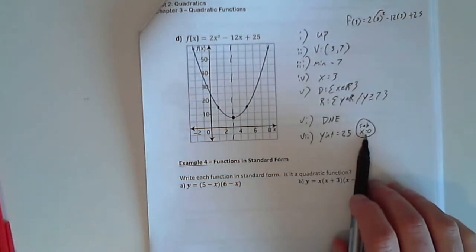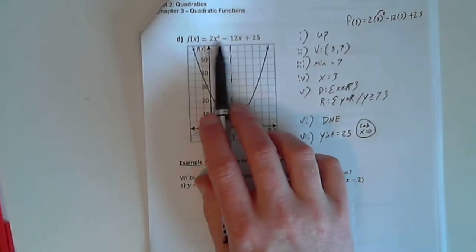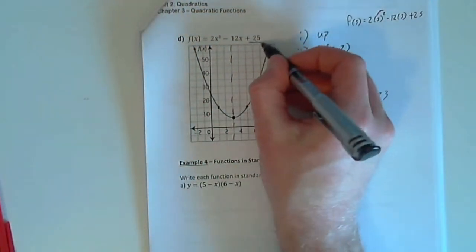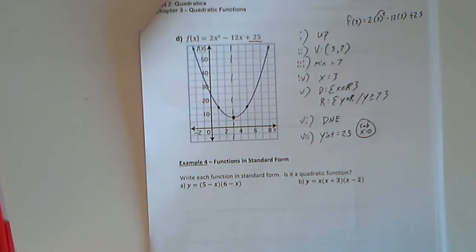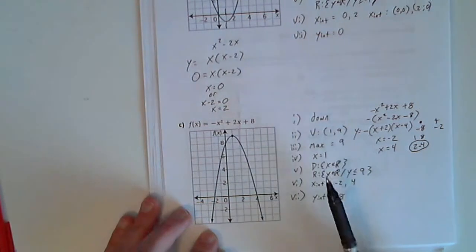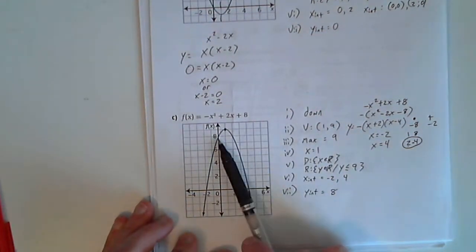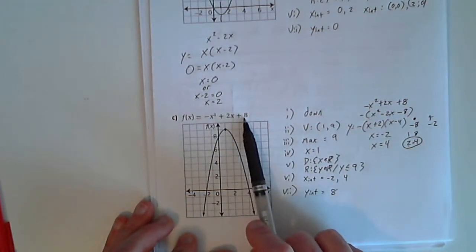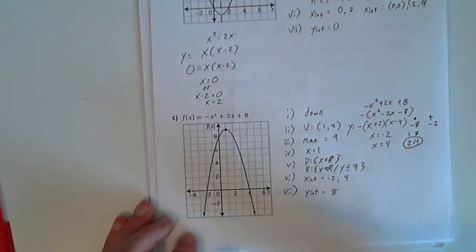If you sub in x equals 0, of course it has to be whatever your constant is at the back, right? That should always be the case with your y-intercepts. They're the nice ones. Same with these previous questions. This one was a y-intercept of 8. Hey, the 8 was right there at the back. I forgot to check this with the equations, but yeah, it should be really, really easy to find.